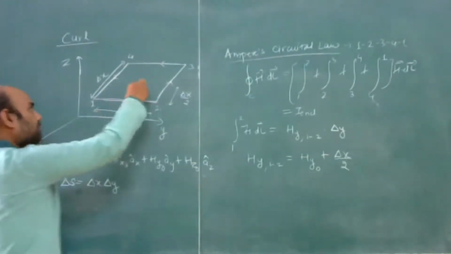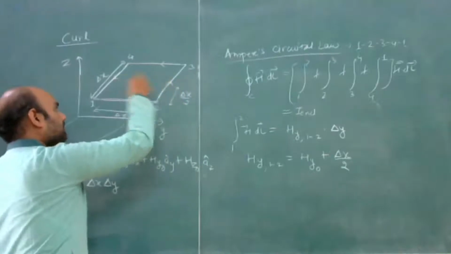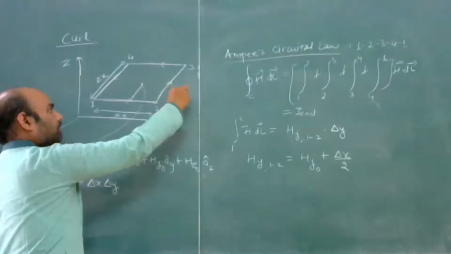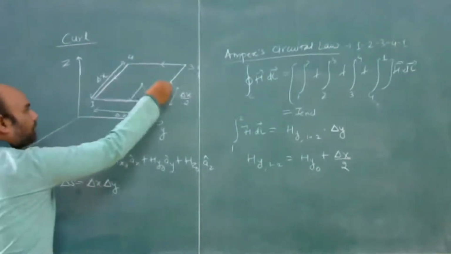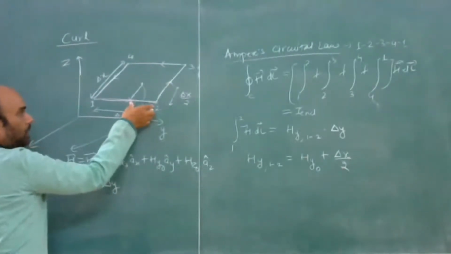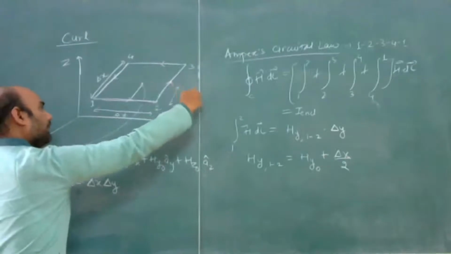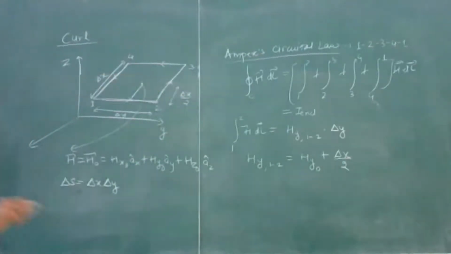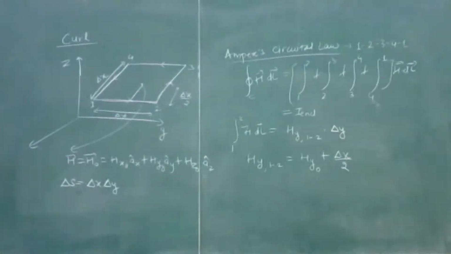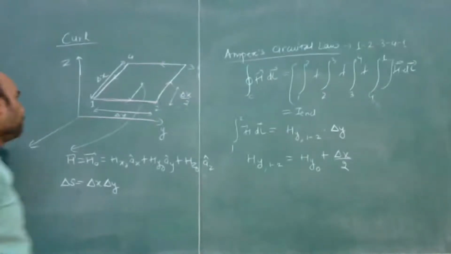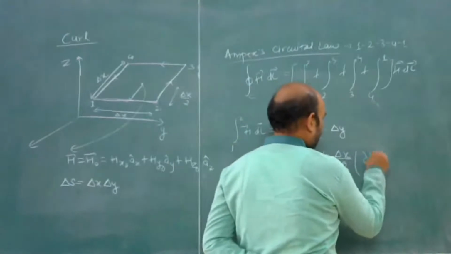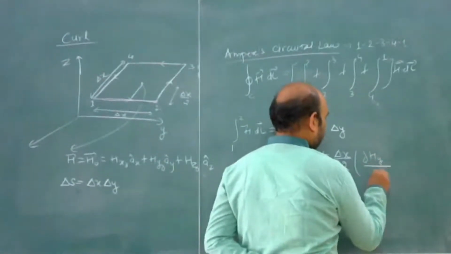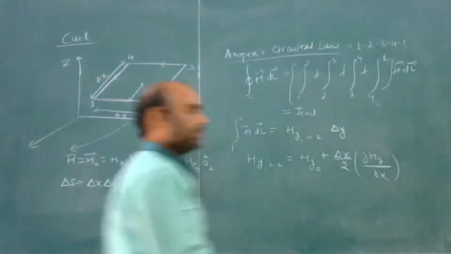The distance traveled by this component of H will be delta x by 2, multiplied by the rate of change of Hy with respect to x.